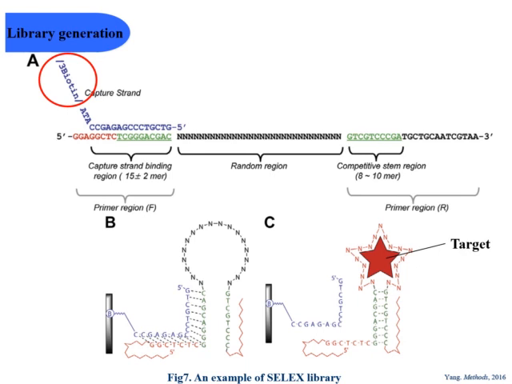This one is for future fluorescence signal testing, and in Figure B is the incubation style. And then in Figure C, when the target is added, it will bind to the target. So the sequence of this target binder is the aptamer sequence of our interest. Our goal is to get this sequence and predict its structure.